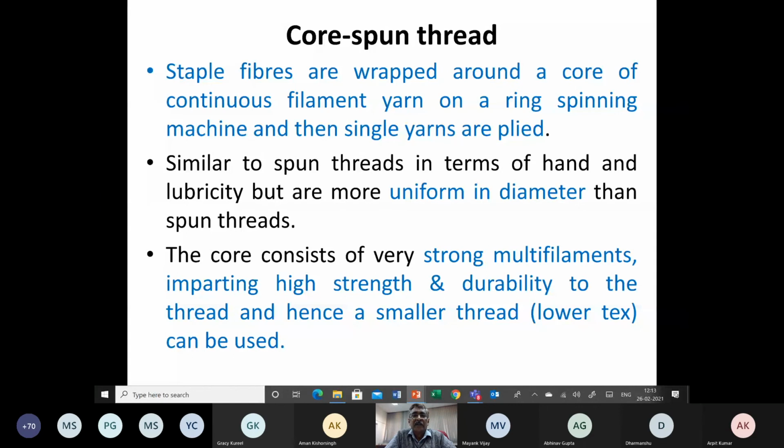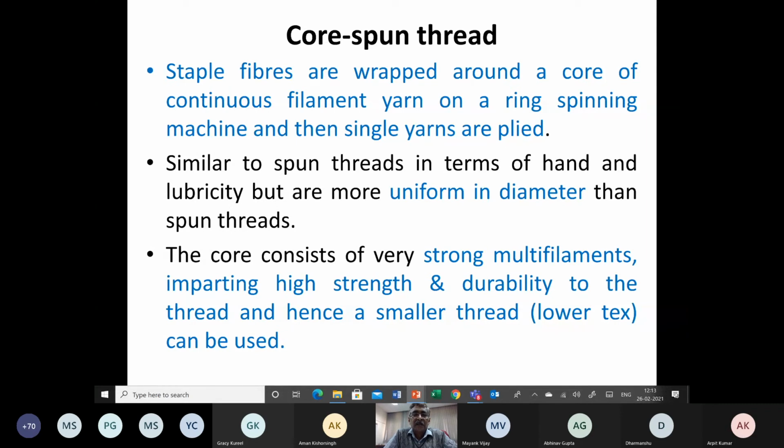They are more uniform in diameter than the spun threads, because in the spun threads everything is staple fibers. There is a drafting irregularity, and to that extent there may be non-uniformity. In this case, almost 50% of the component is the multi-filament yarn. They are highly uniform. Only the staple fibers may be a little not uniform. So overall, the core spun thread is much more uniform than the spun threads.